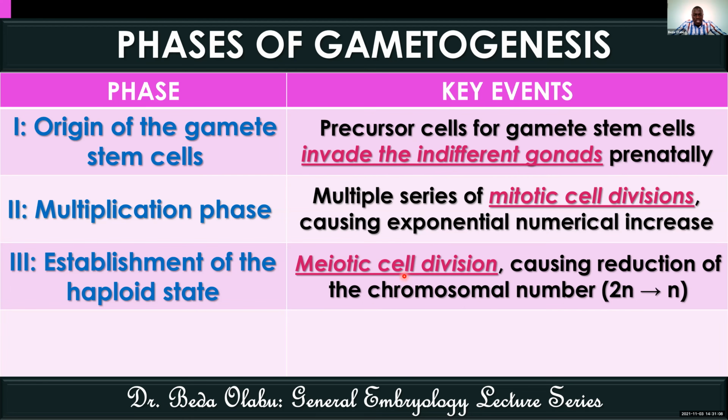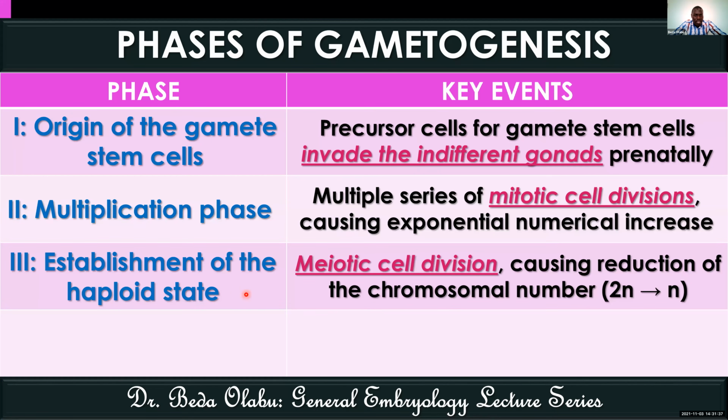Remember, human cells have 46 chromosomes, and that is what we call diploid or 2N. When those cells undergo meiosis, they have daughter cells which have 23 chromosomes, and that is what we call haploid or single N. So establishment of haploidy is the third phase of gametogenesis.